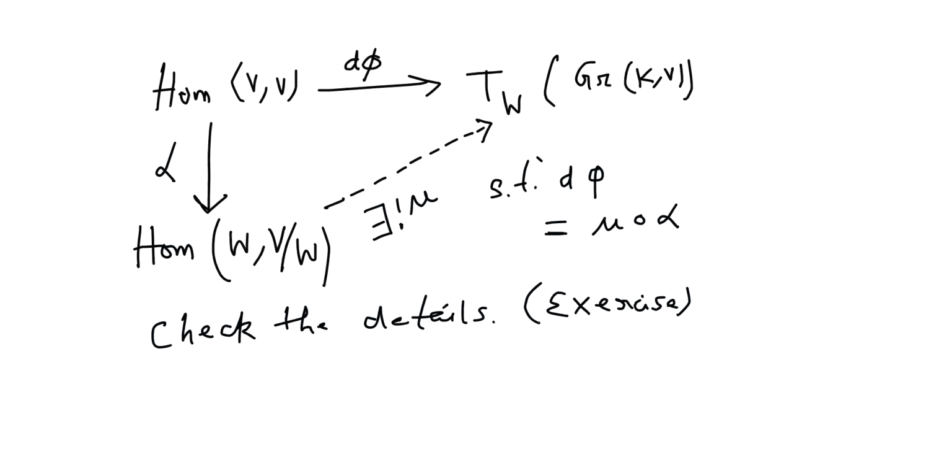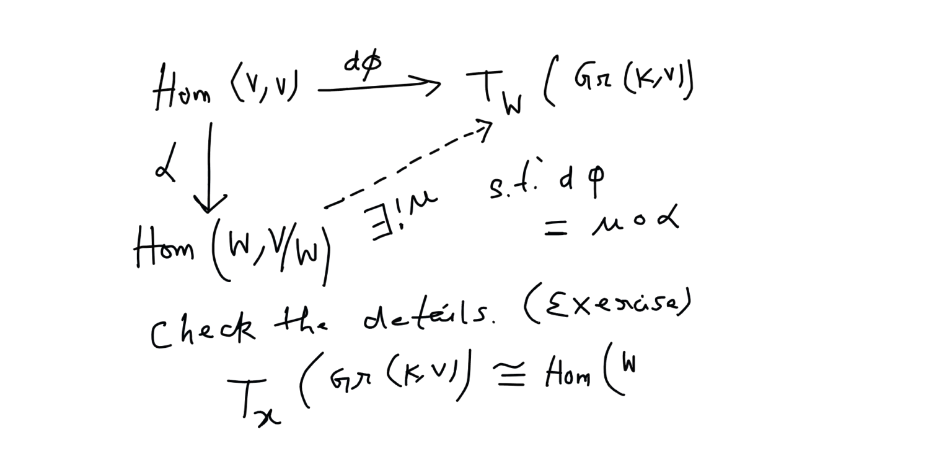At each point x, the tangent space is isomorphic to hom(W_x, V_x modulo W_x). I'm putting x in the subscript to denote that W_x is the vector space attached to the point x.